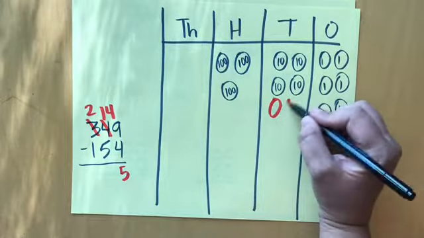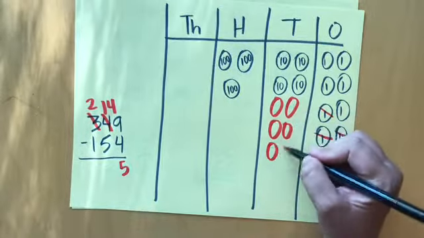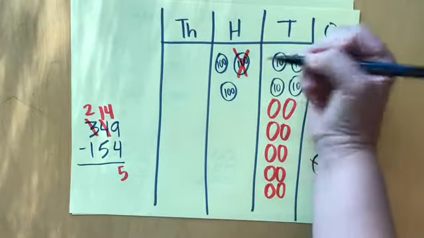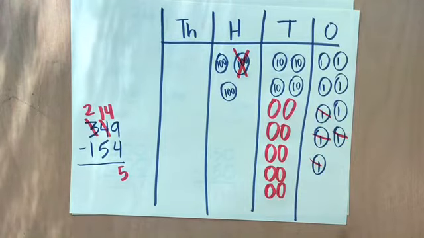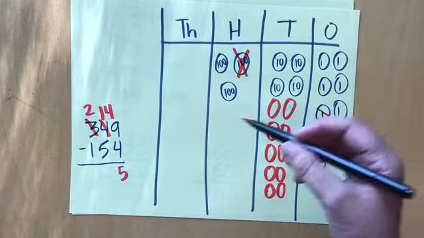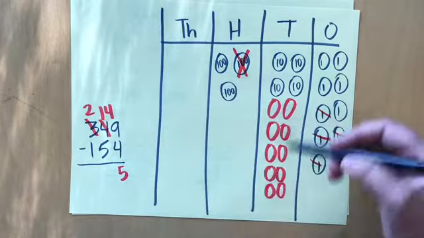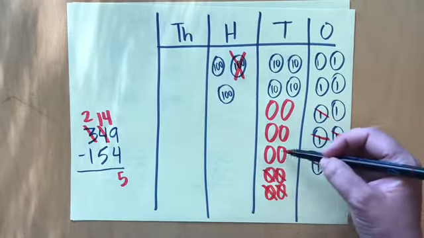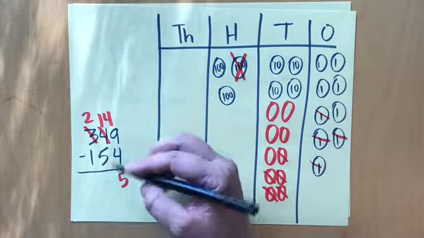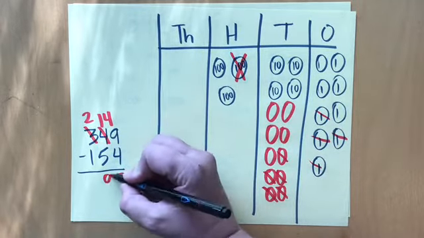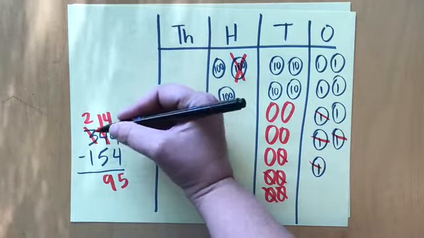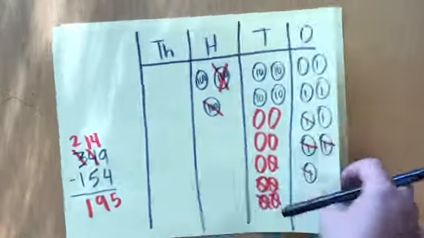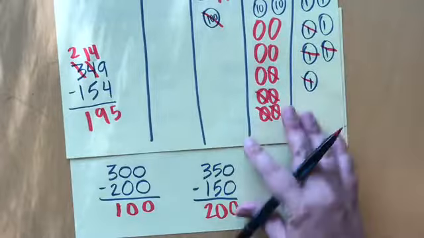So 1, 2, 3, 4, 5, 6, 7, 8, 9, 10, and I was able to do that because I unbundled or decomposed one of my hundreds into 10 tens. So now I can do 14 take away 5. So 1, 2, 3, 4, 5. And that leaves me with 9 tens. 2 hundreds take away 100 is 100. So my exact answer is 195.